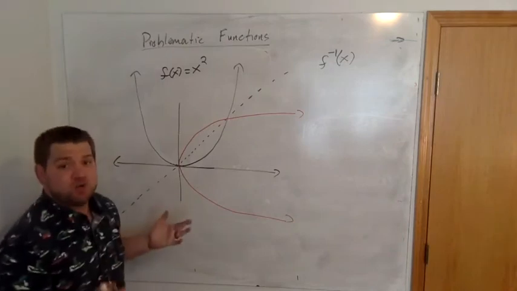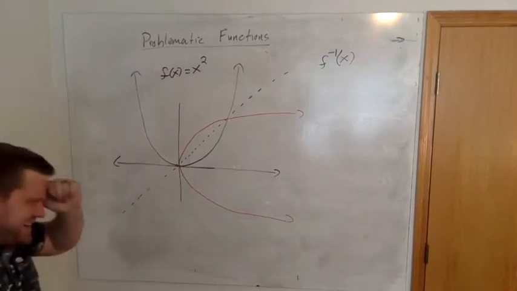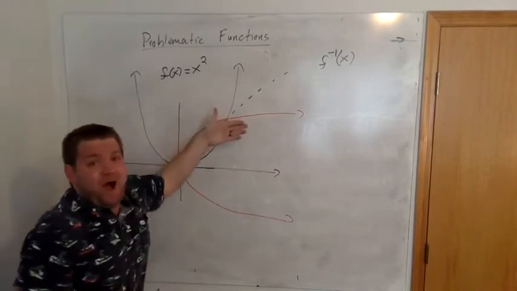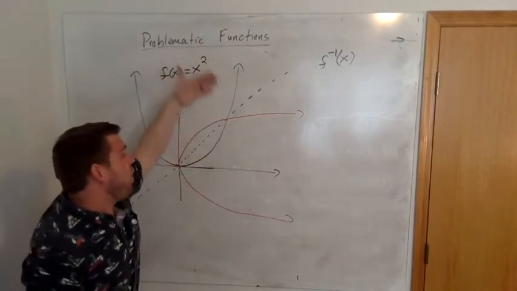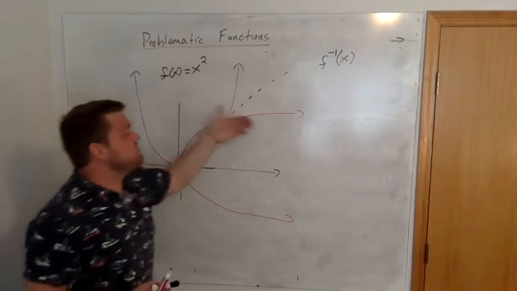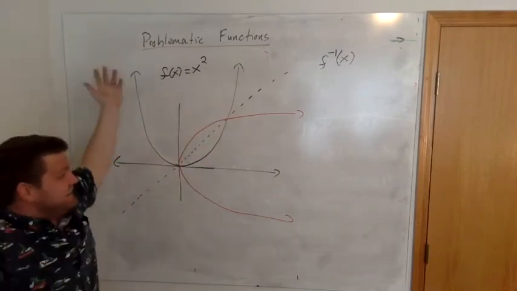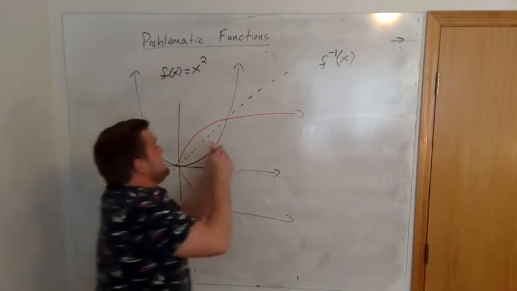What is wrong with this picture? Take a second to think about it. Why is my math brain freaking out about this inverse function? It's because it's not a function.